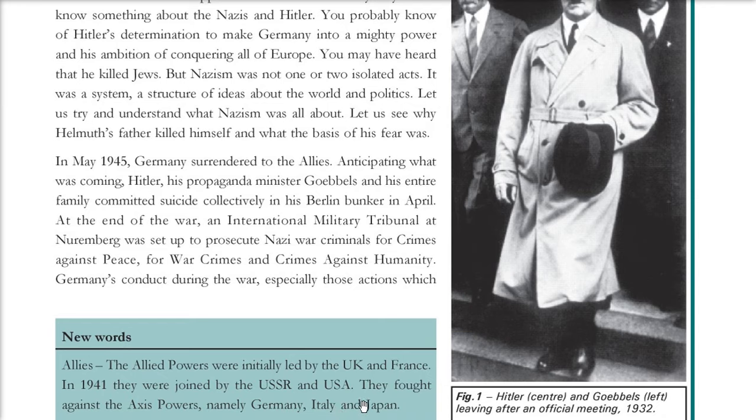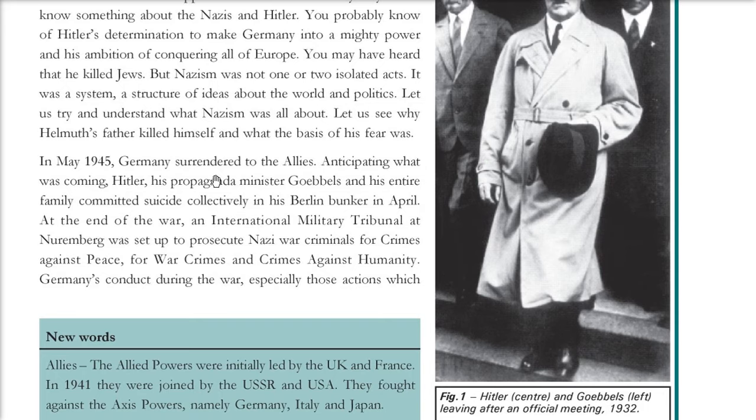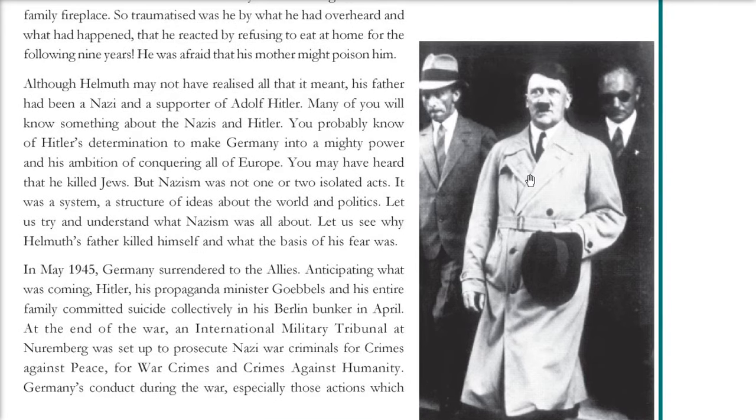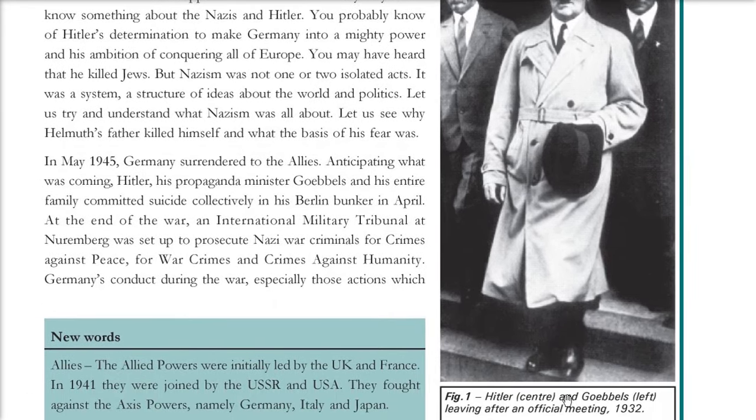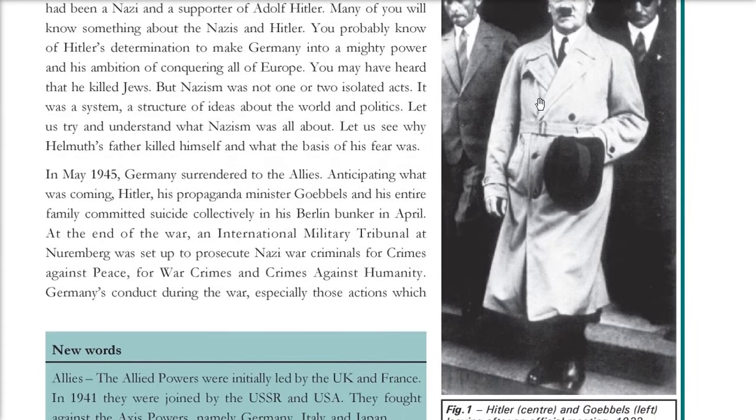Germany surrendered to the Allies in May 1945, and anticipating what was coming, Hitler, and you can also see Goebbels on the left, committed suicide. At the end of the war, there was an international military tribunal at Nuremberg.